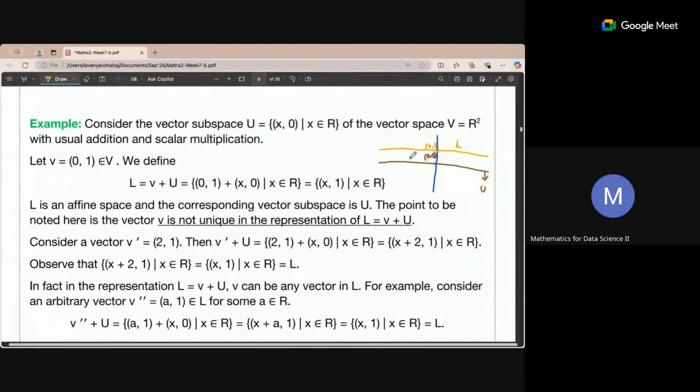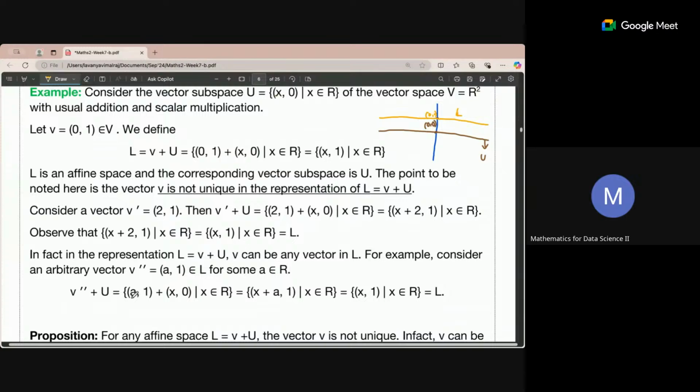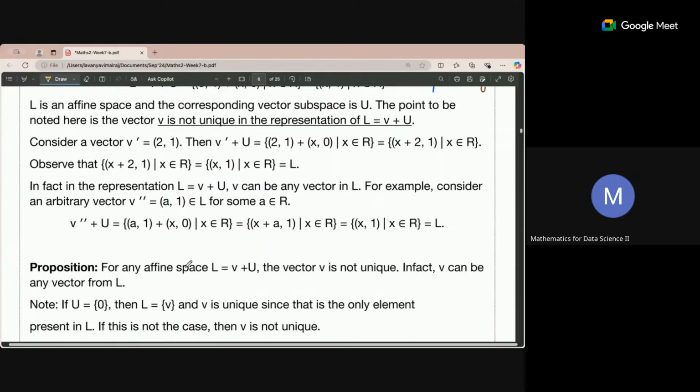Any vector in this L is of the form (a, 1). If you put (a, 1) in general, you can see that the set is not changing. So what do we observe? For any affine space L equal to V plus U, the vector V is not unique.